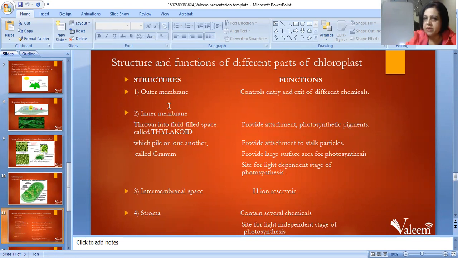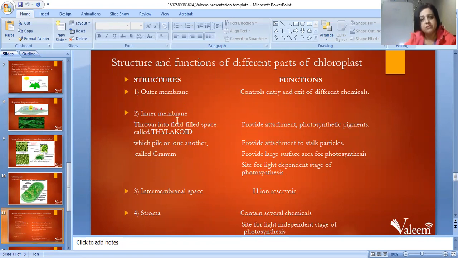Now the outer membrane, you just saw the outer membrane. It is very, very smooth. And I said it is just like the cell surface membrane. So what is its function?